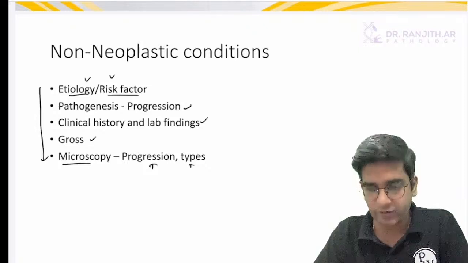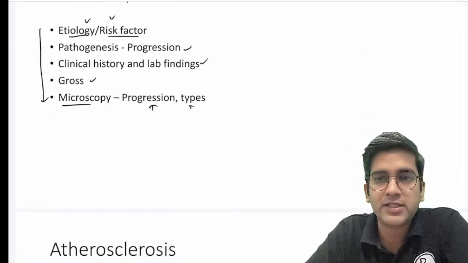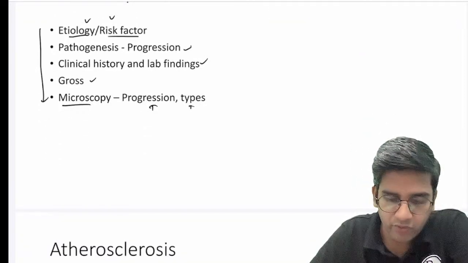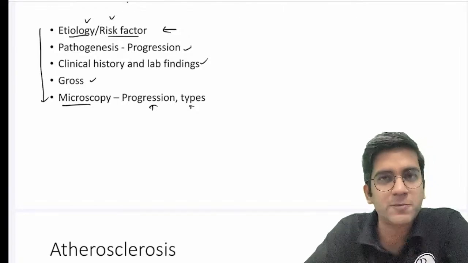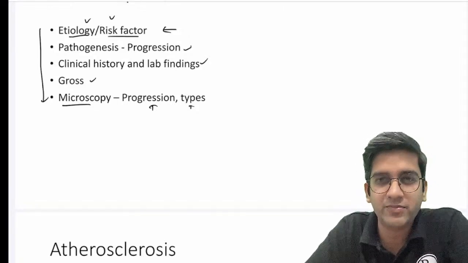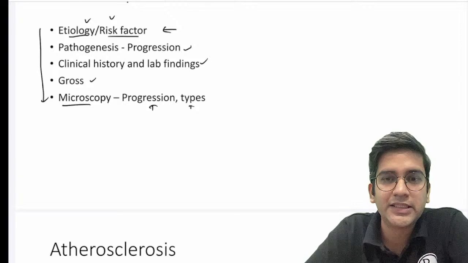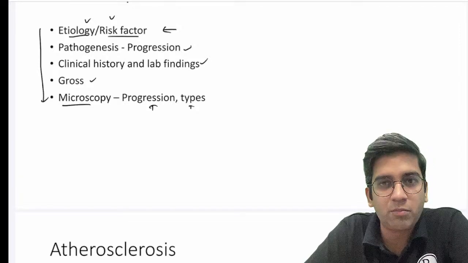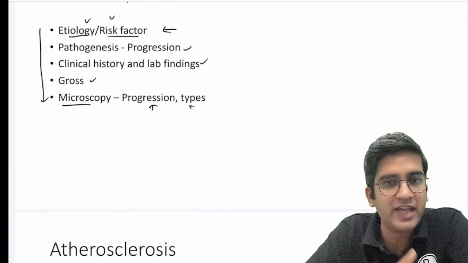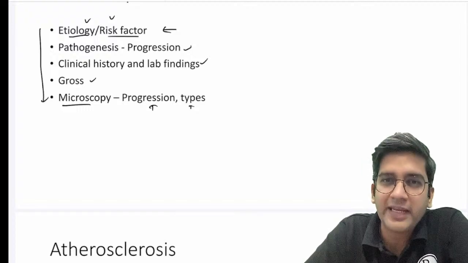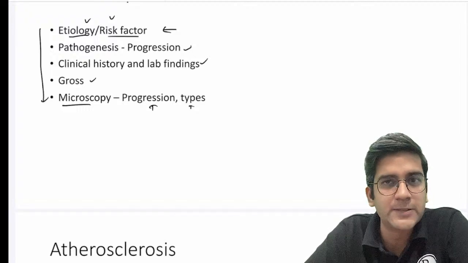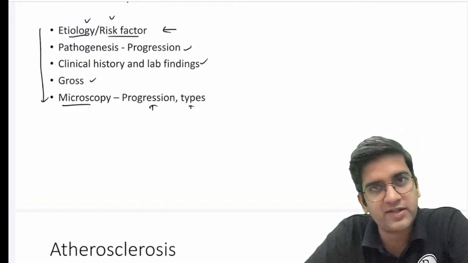Okay, first we'll go to atherosclerosis. Before going to that, can anyone tell me what will you fill in this for atherosclerosis? It's something you must have been reading from school days, right? We have the classical modifiable and non-modifiable risk factors. That's how we're going to write for atherosclerosis, right? What are the non-modifiable risk factors?